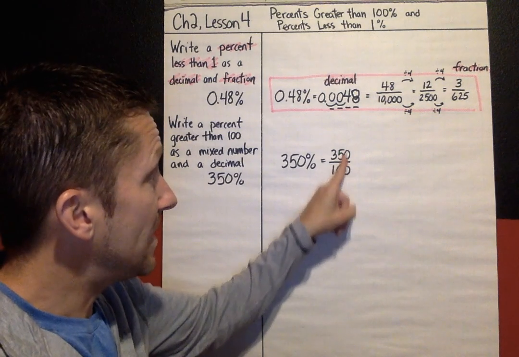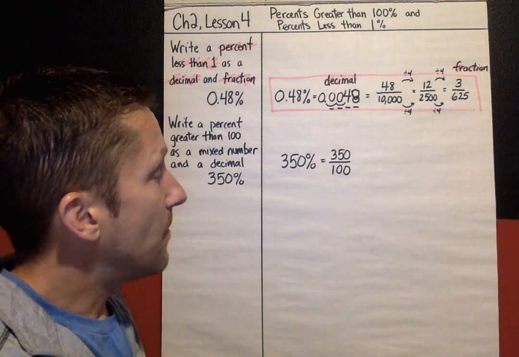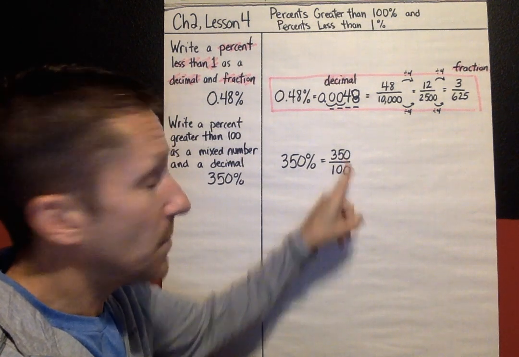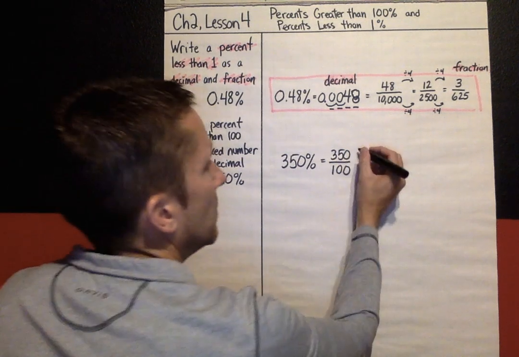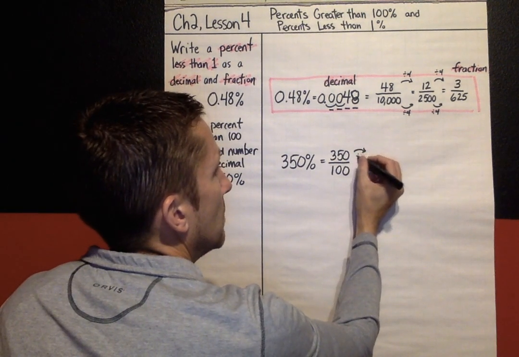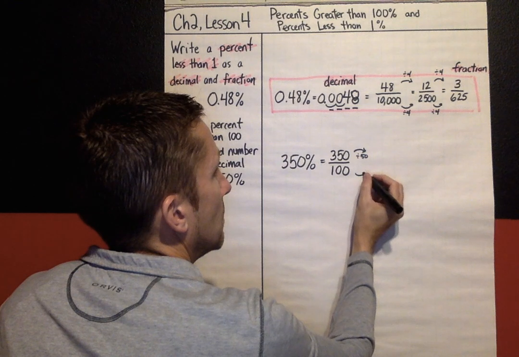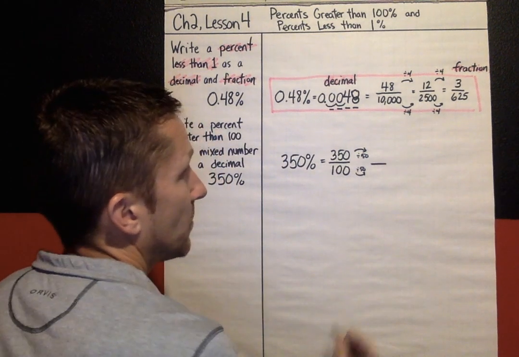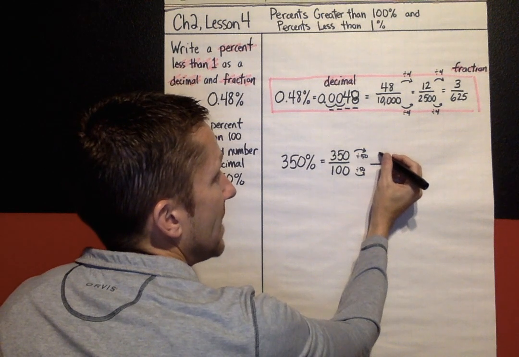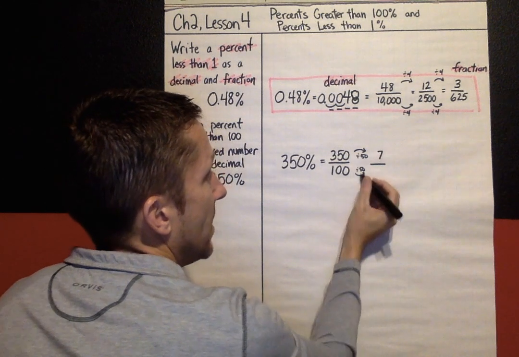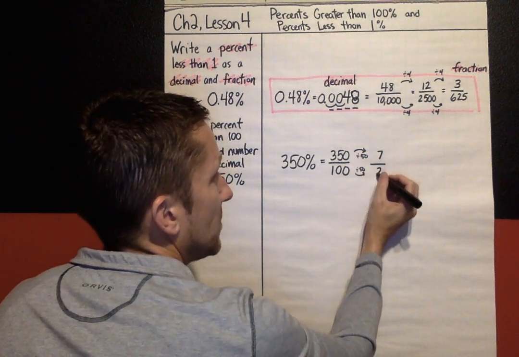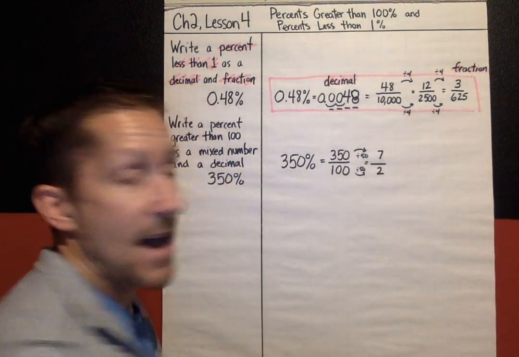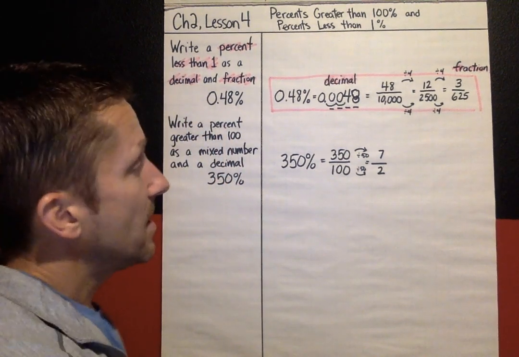I could simplify this right here by thinking that 50 goes into both of these. How many 50s go into 350? You can calculate that and you come up with 7. How many 50s in 100? That's 2. So I have a new fraction of 7/2, still improper.